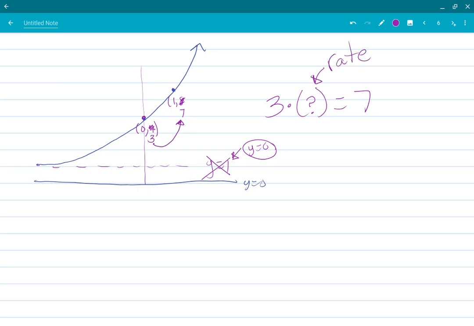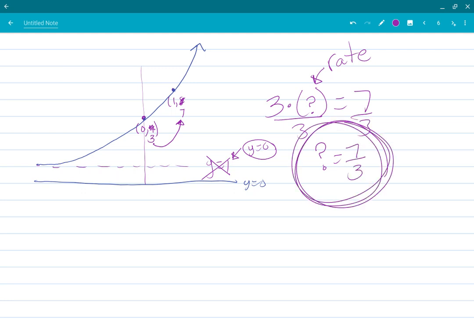How do you get rid of a multiplication problem? How do you guys undo multiplication? Division. So you divide it by 3. So the rate is not 2. It's actually what? What's the rate? 7/3. How much is 7/3 in decimal?